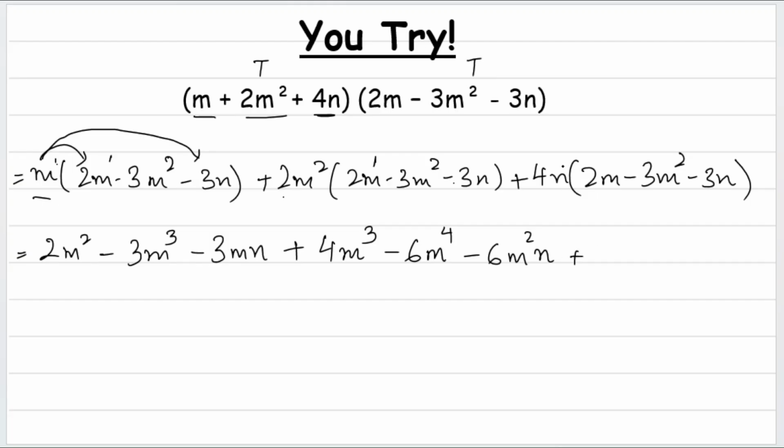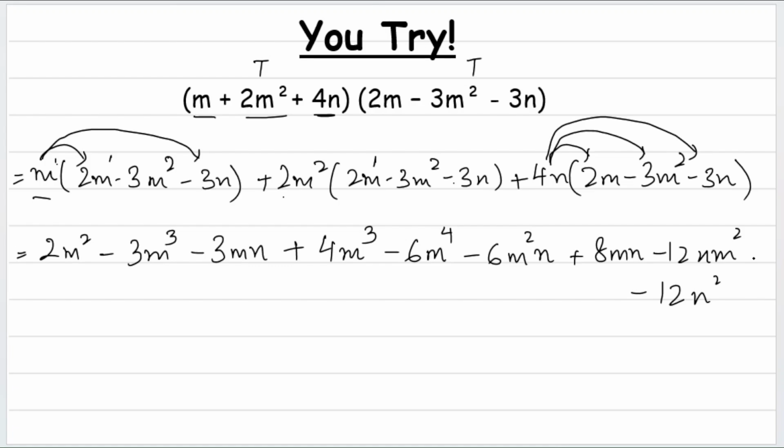Plus, let's come to this one. 4 times 2 is 8. So 8mn. 4 times negative 3 is negative 12. And this is nm square. And then 4 times last term, negative 12 n square.